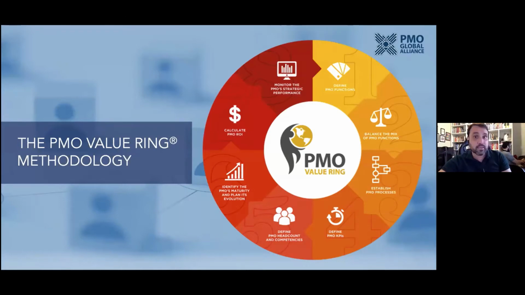In the beginning, if you try to find on the internet, if you search for the PMO maturity cube model, you will find these first publications, because in 2015 it became part of the PMO Value Ring. So we gave up the original name, the PMO Maturity Cube. So now it's just step number 6 of the PMO Value Ring, but it's quite interesting. I really recommend that you know more about that.